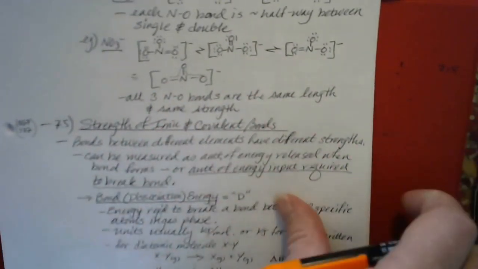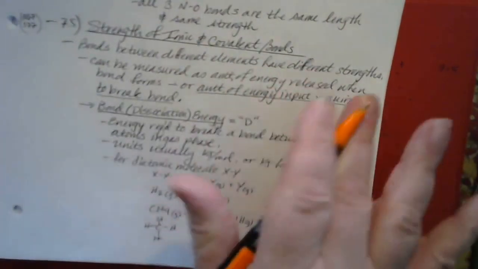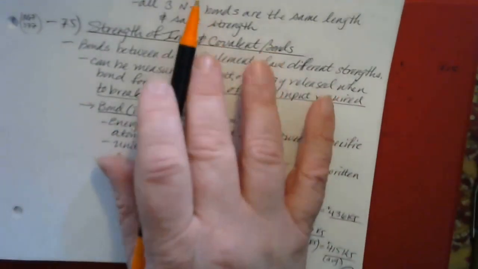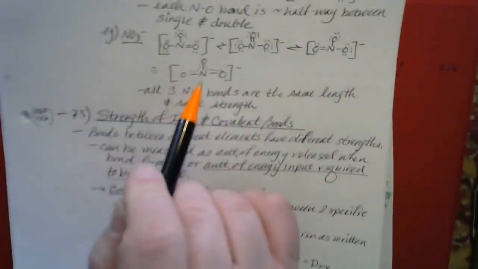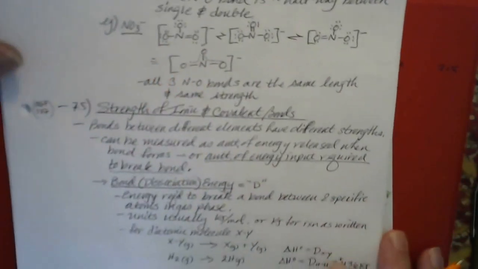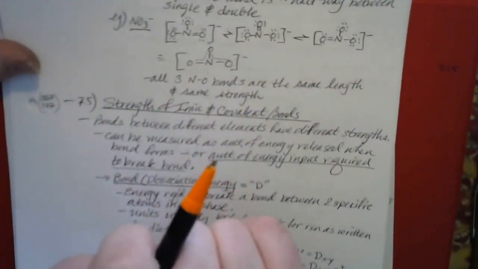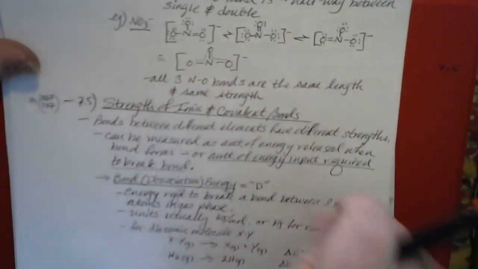Actually, I shouldn't even say that it moves around, it's spread out. Those extra electrons from the double bond are just spread out between the nitrogen and all 3 oxygens. And in the nitrate ion, you've got 3 nitrogen-oxygen bonds that are all the same length and the same strength. And so that's just a quick introduction to resonance.